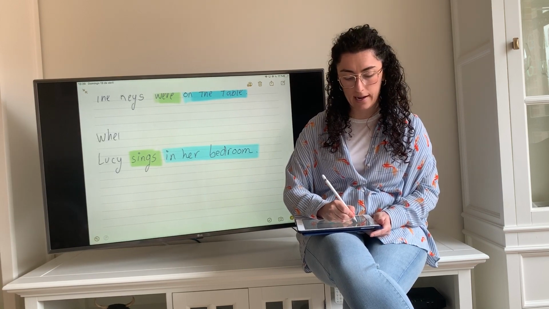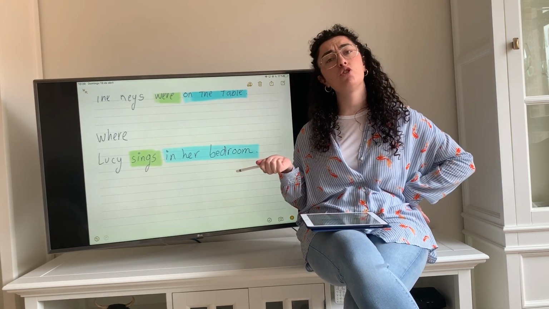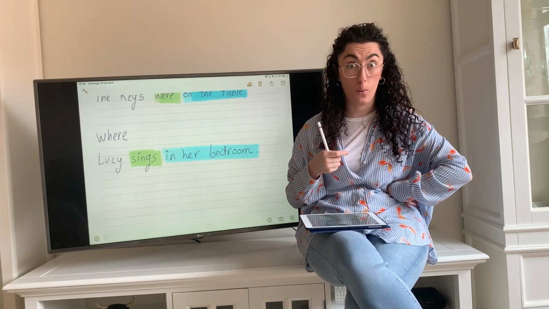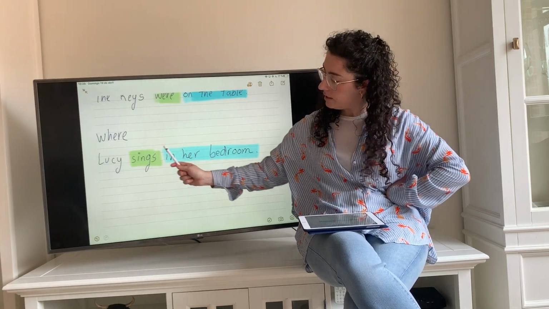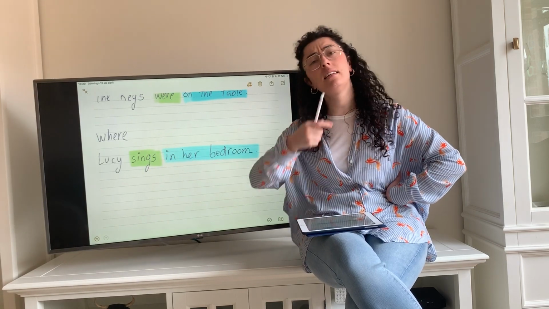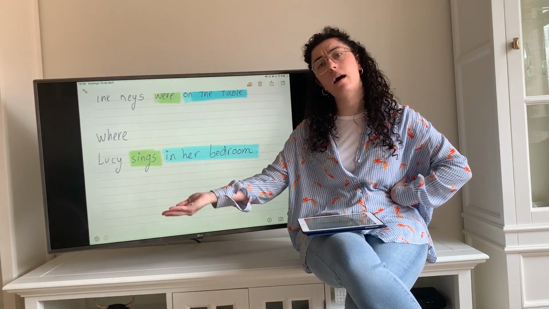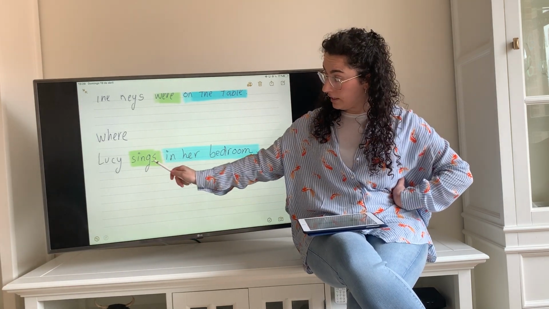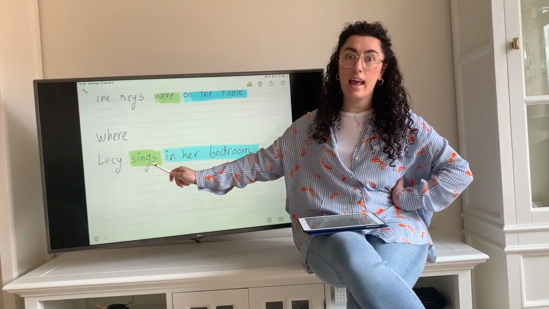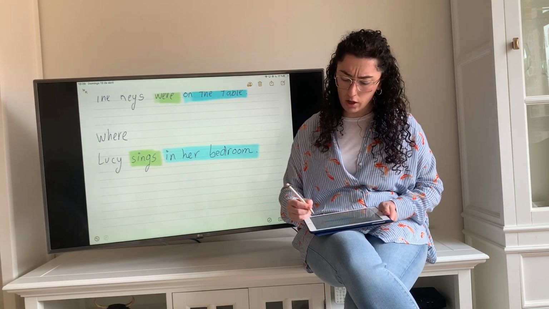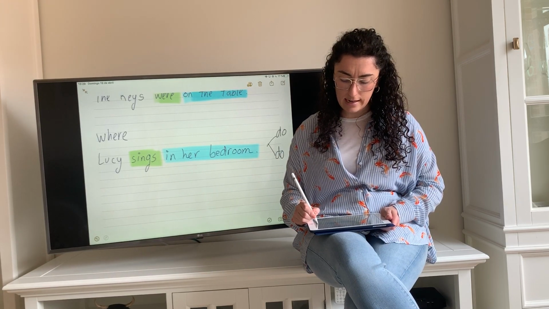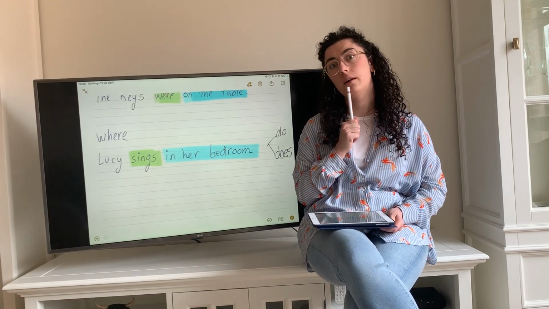Very good. Where. Then, do we have the verb to be? Is, are, was, were? No. So where is the verb? Sings. Is it in the present or in the past? Sings is present. And have a look here. It's an S. So what are we going to use? Are we going to use do or does as an auxiliary?